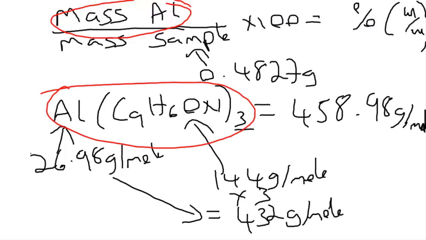Okay. Now what we need to do is divide the mass of the precipitate. So the precipitate is the 8-hydroxyquinoline complex. So this is 0.364849 grams.